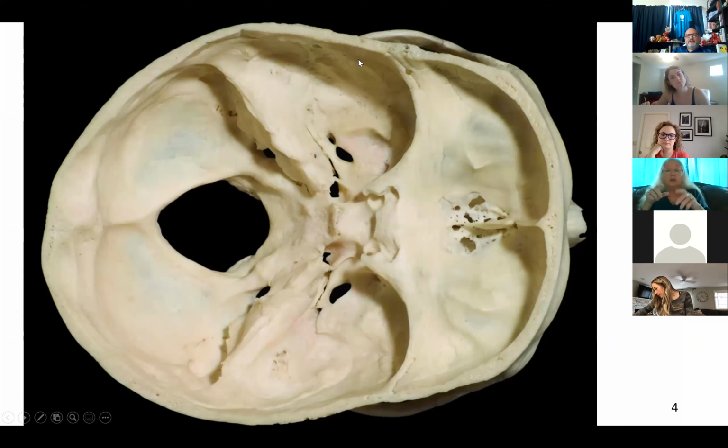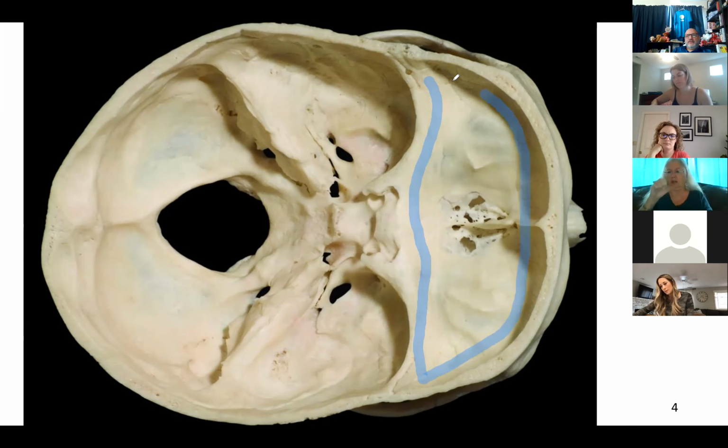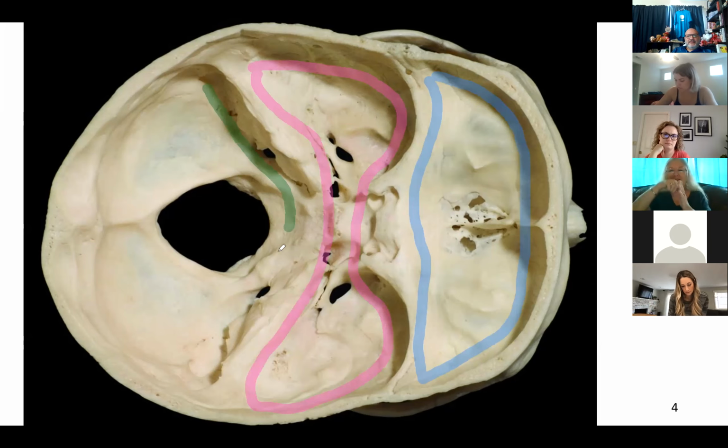We have this very shallow indentation right here in the front. We have a more intermediate indentation, really two indentations here in the middle. And then we have this really deep indentation here in the back.